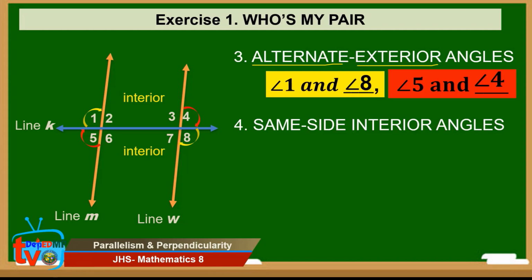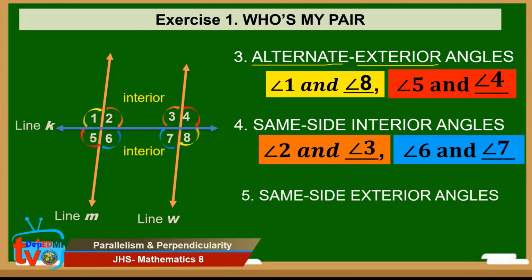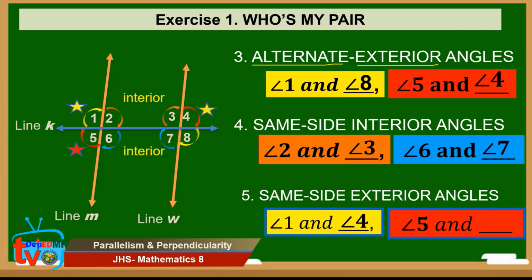We can easily identify this as angle 2 and angle 3, angle 6 and angle 7. Number 5, same side exterior angles. These are pairs of exterior angles on the same side of the transversal. So we have angle 1 and angle 4, angle 5 and angle 8.